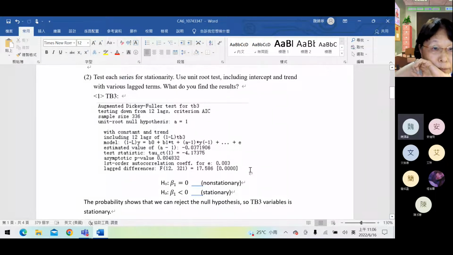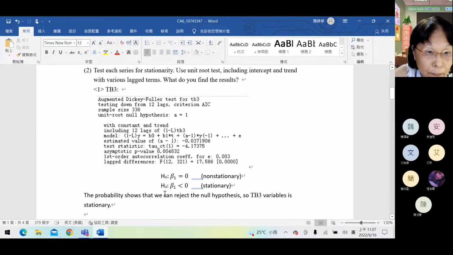And number two, we need to test each series for stationarity, using a unit root test, including intercept and trend with various lag terms. What do you find in the results? The first one is for TB3. We can see the probability shows that we can reject the null hypothesis. So the TB3 variable is stationary.